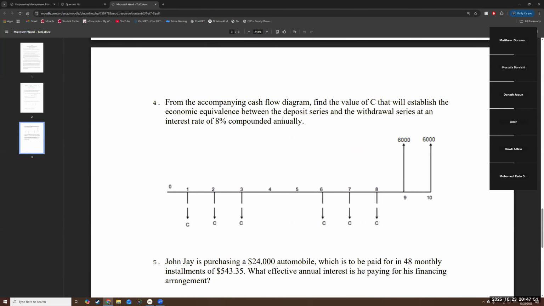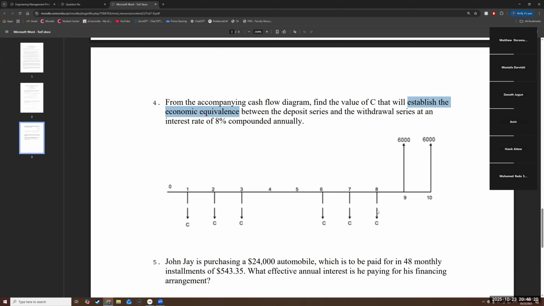From the accompanying cash flow diagram, find the value of C that will establish the economic equivalence between the deposit series and the withdrawal series at the interest rate of 8% compounded annually. It says it will establish the economic equivalence, meaning your revenues equate perfectly to whatever you're spending.